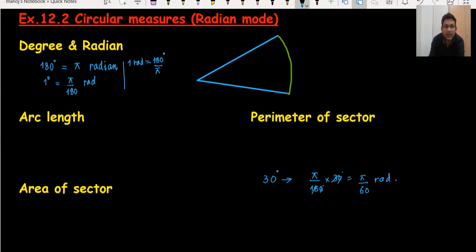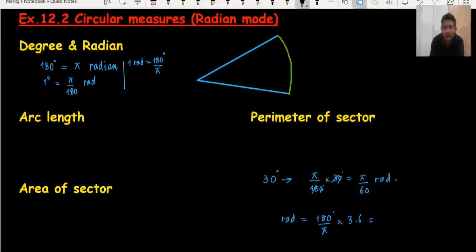This is one example. For the second example, suppose we have 3.6 radians and we need to convert it into degrees. So 1 radian equals 180 divided by pi. Multiply by 3.6, and whatever the answer is, that will be in degree mode.